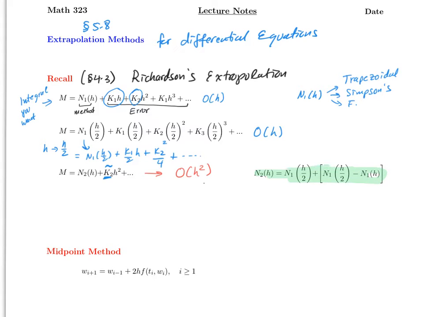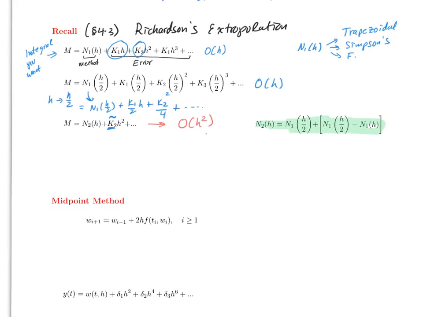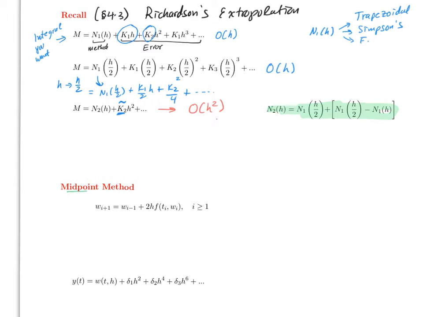Okay, so again, this is just a review of what we did before. What we're going to do in this section is very similar to this. Again, not the same thing, but very close. We're going to use exactly the same technique that you used before. The method we're going to use here is the midpoint method, which we have done before in 5.4, I believe.